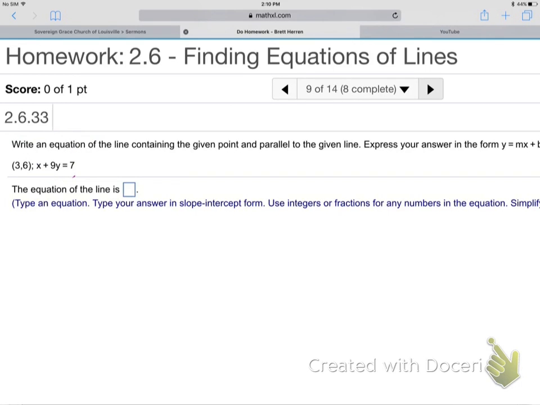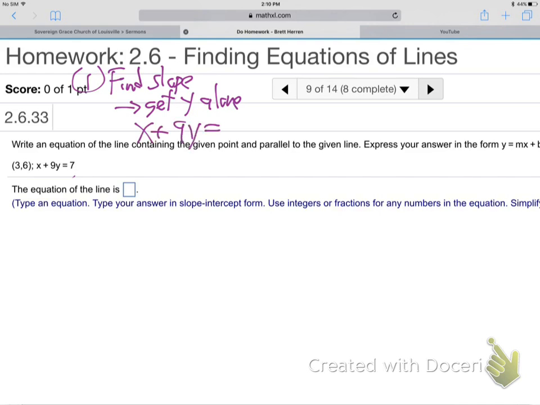So first step, step 1, find the slope, meaning get y alone. So I take the equation x plus 9y is 7, and I get y alone.